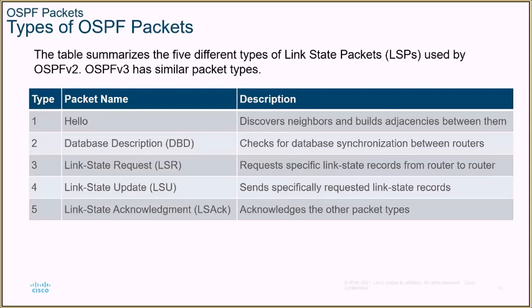All right, so the first type of packet is the hello packet, and it's used to discover neighbors and build adjacencies between them. And so that's how that adjacency database is built, by using hello packets. You receive a hello packet from a host, and of course you would also be sending them as well.